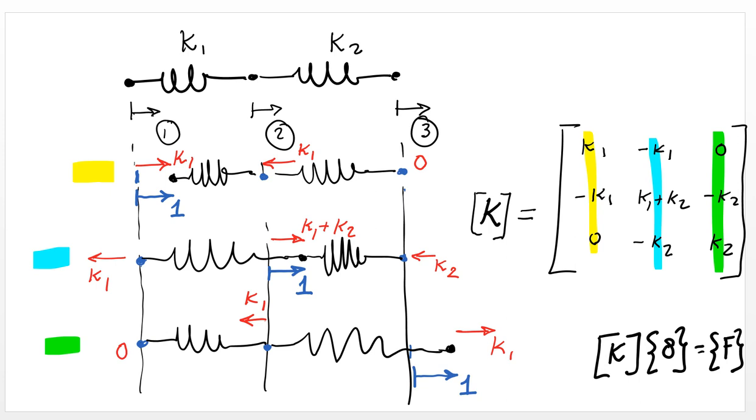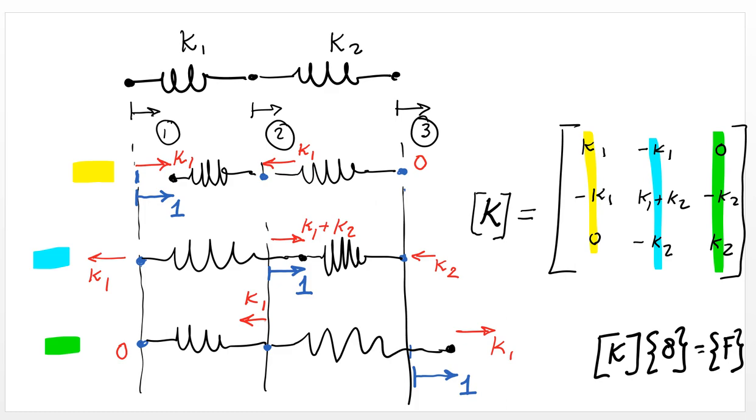And the way that we compute that matrix is by applying unit displacements separately at every degree of freedom and 0 everywhere else. And that gives us every column of the stiffness matrix, and once we have that assembled, we can use that for any other displacement. The reason this works is because we are working on the underlying assumption that the system is linear, so scaling is permitted.